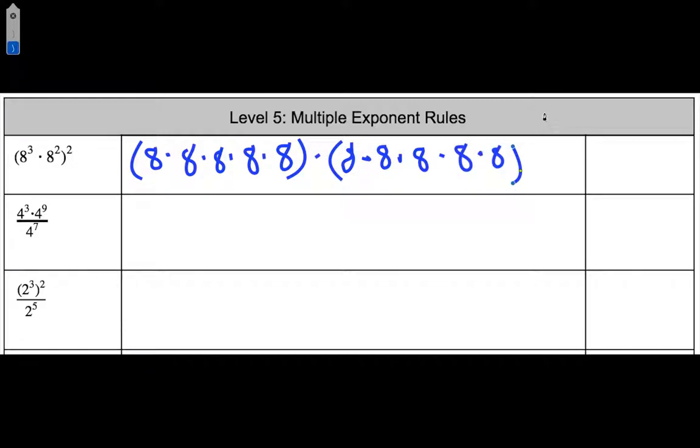All right, and again, my parentheses are just there to be helpful grouping symbols. So altogether, these are all just being multiplied. I have 1, 2, 3, 4, 5, 6, 7, 8, 9, 10 times. That means that the final answer should be 8 to the 10th power.